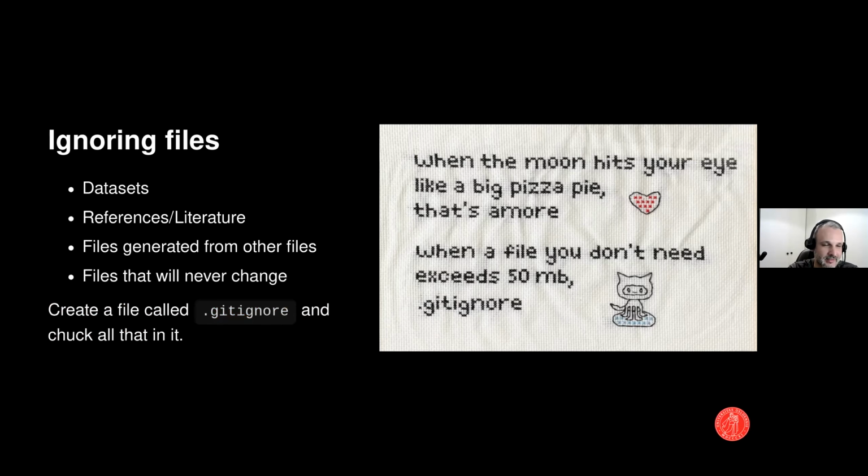You should let Git ignore some things, mainly data sets, literature, files generated from other files like our PDFs and whatnot, and some files that will never change. So the way you do it is basically creating a file called .gitignore, and just put all that in.